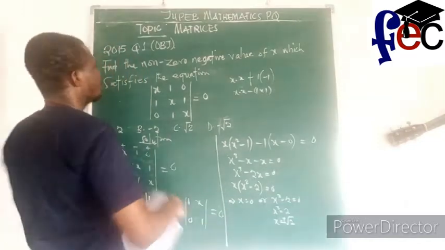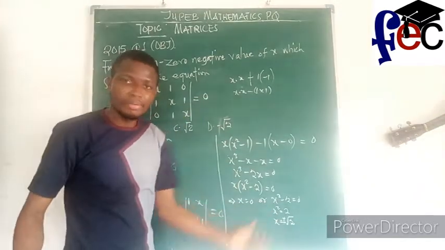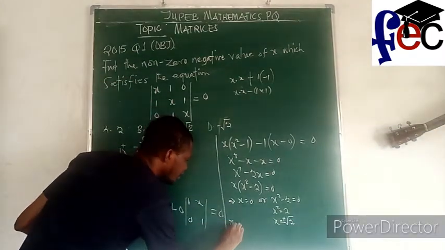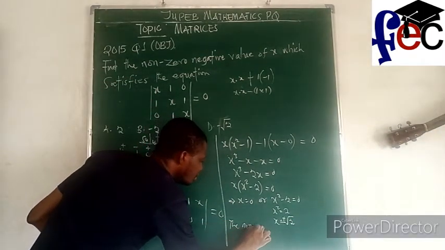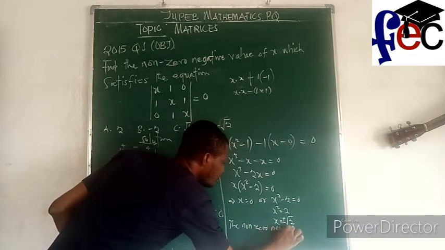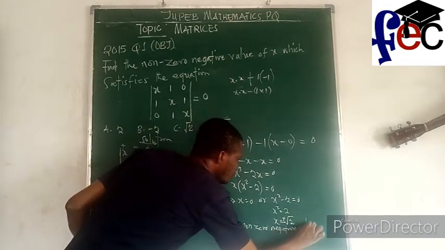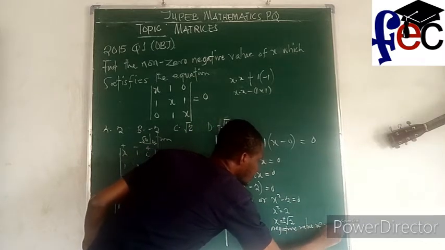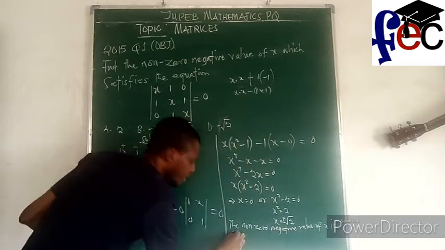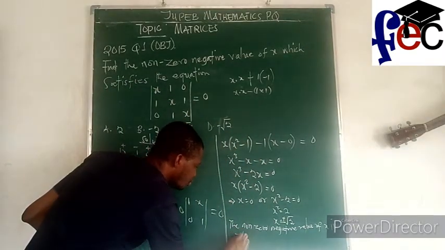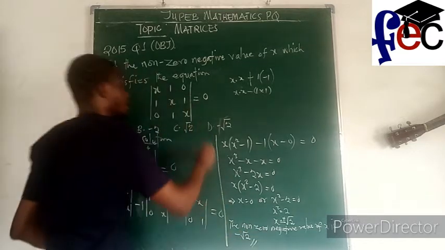So the required value is going to be minus root 2. So the non-zero negative value of x is minus root 2. That's option D.